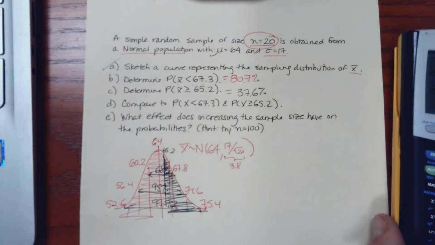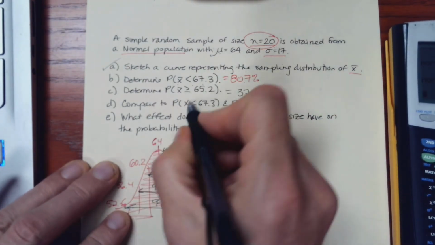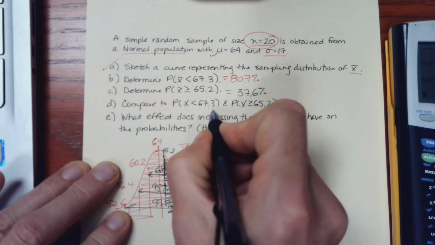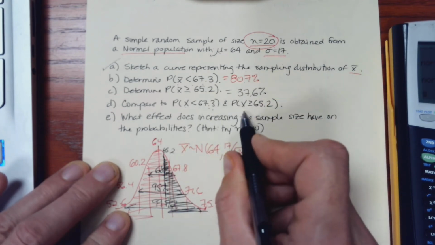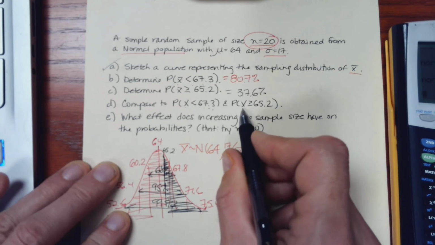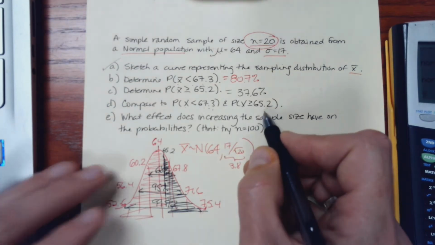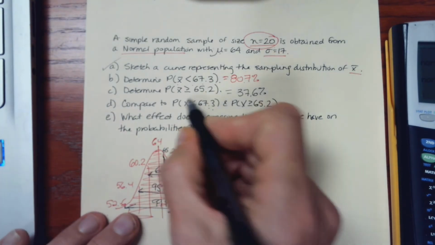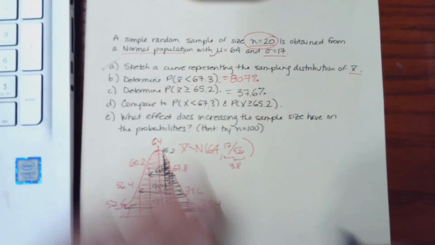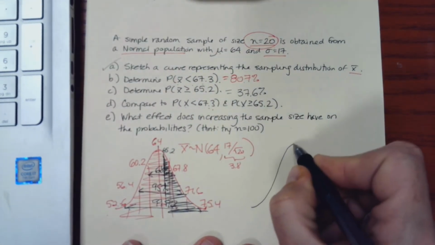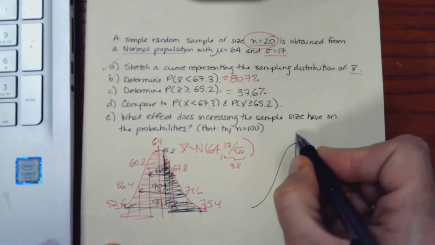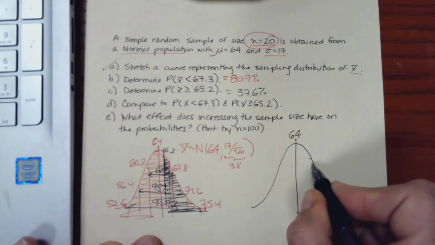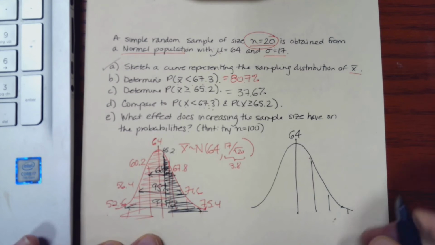Now, compare the probability that x is less than 67.3 and the probability that x is greater than 65.2. Now, notice here, these do not say x bar. So, just to be clear, in this question, we're looking at the distribution, the population distribution, which is centered at 64, but with standard deviation of 17.